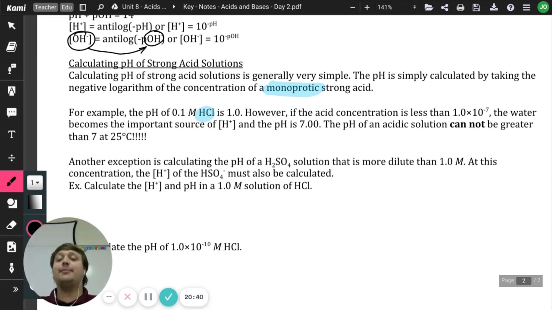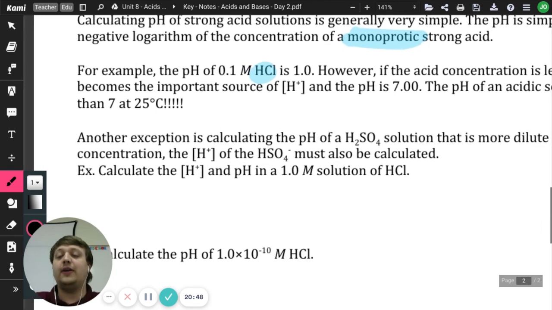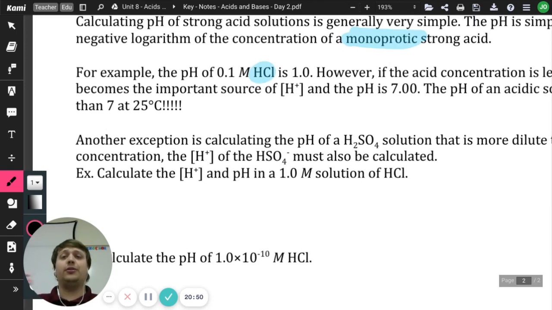By that, I mean, remember when we have acids in a solution, when they dissociate, they lose 1 hydrogen at a time. And so we start off, and it would be exactly what you think, where you do the negative log of that hydrogen concentration, that'd be your answer. However, it does not take into account that HSO4 minus, because there is still 1 proton to remove. And so we have to take into account both of those. And again, we'll teach you how to do that.